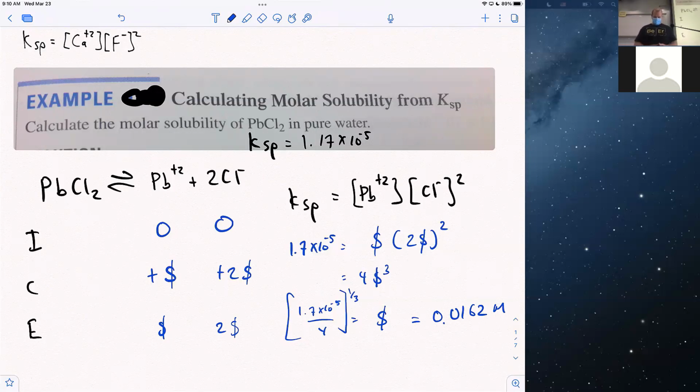So 1 factor of solubility. Chloride increases by 2 factors of solubility. So our solubility product constant is the lead times the chloride squared. So we put in the solubility for lead, 2 solubilities for chloride. So together that is 4 solubilities cubed. Solve for solubility, we get 0.0162 molar.